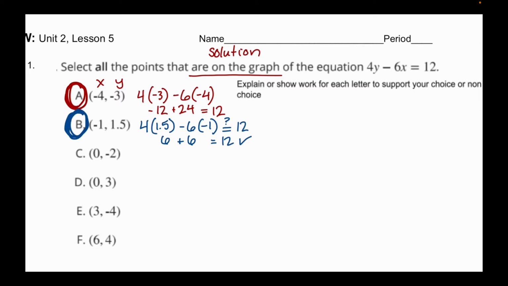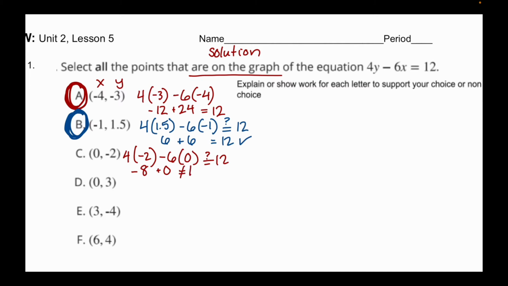Next, we're going to check C. So this would be 4 times negative 2, and then minus 6 times 0. And we want to know, is that equal to 12? So 4 times negative 2 is going to be negative 8. And then negative 6 times 0 is 0.